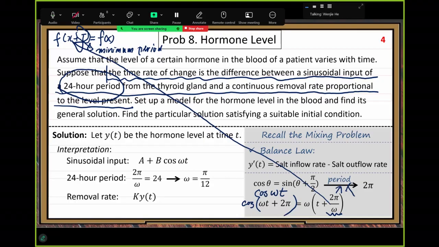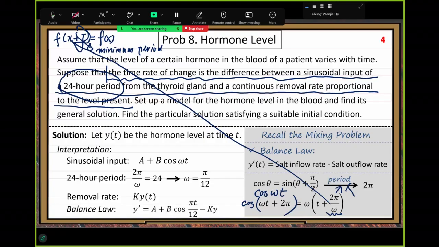So the pattern, the format, is the same. We can treat it as a generalized version of the balance law, because the hormone should satisfy a certain balance property. So we can do an analogy to that balance law.